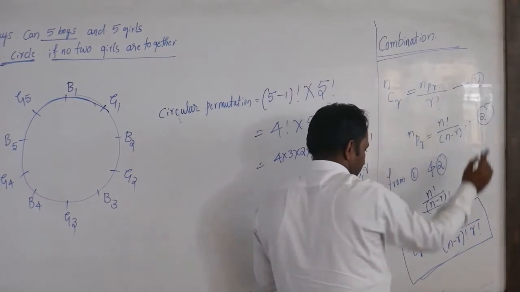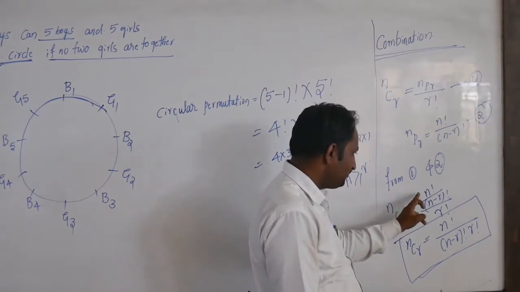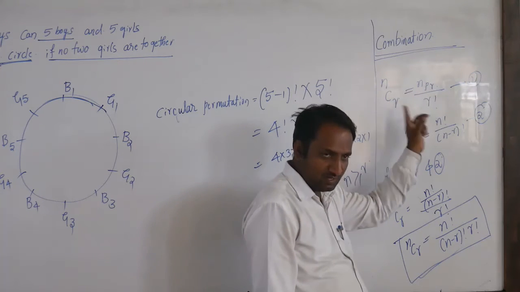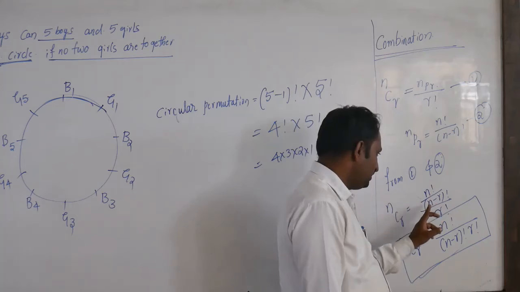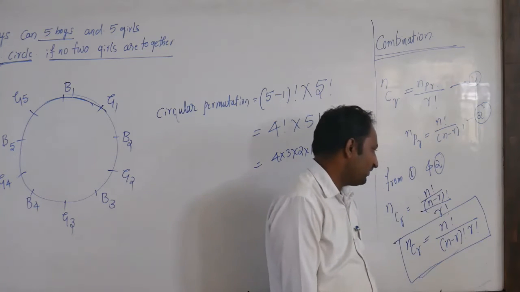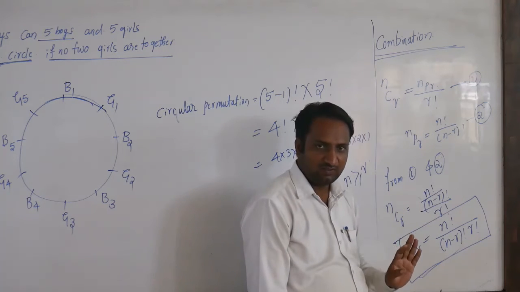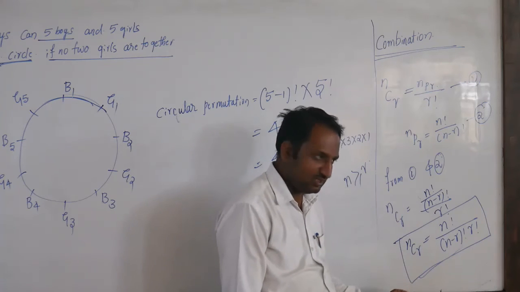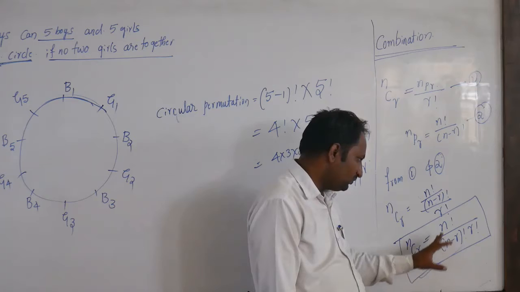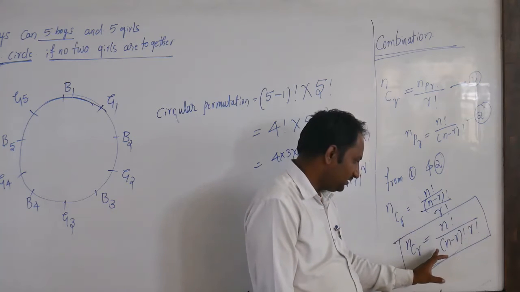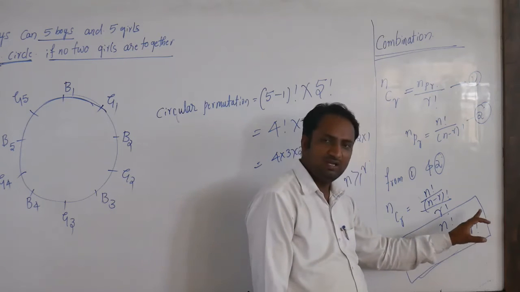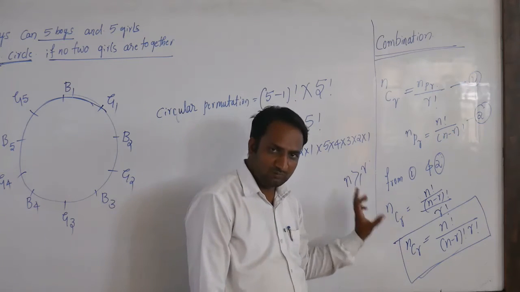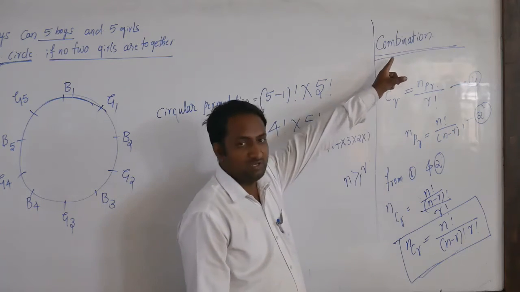From 1 and 2, substituting the nPr value in equation 1, we get n factorial divided by (n minus r) factorial, divided by r factorial. Simplifying, nCr is equal to n factorial divided by (n minus r) factorial into r factorial. This is a very important formula belonging to combination.